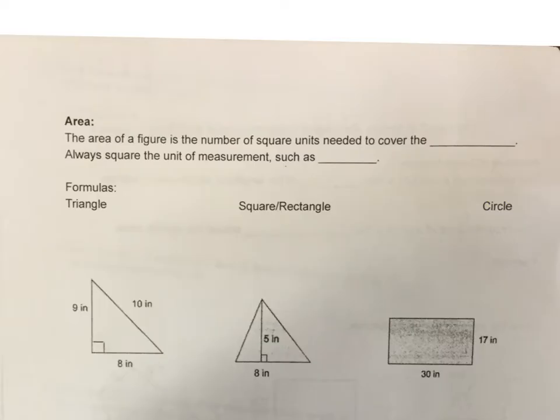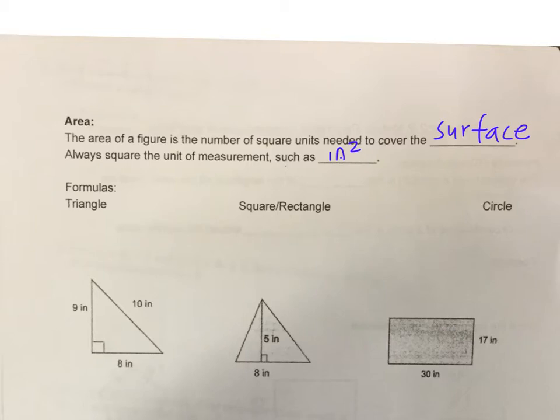Now we're going to talk about area. The area of a figure is the number of square units needed to cover the surface. Always square the units measured, such as inches squared. That's what your answer will end with.